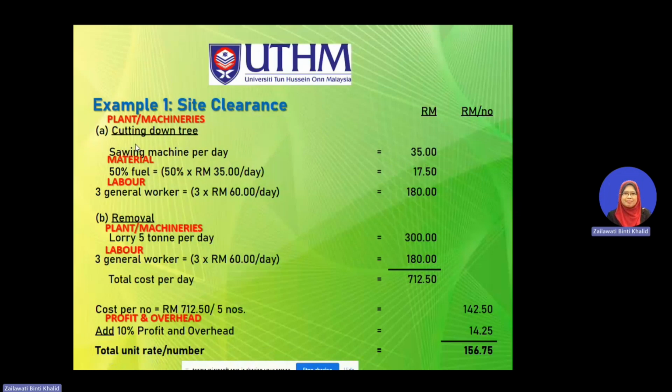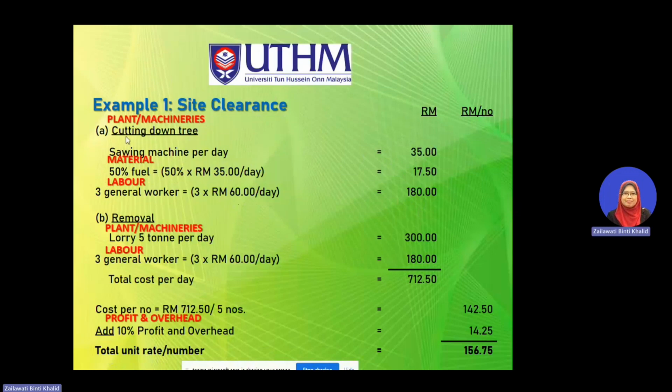To operate the sawing machine, we need fuel, which is 50% of the sawing machine cost. So 50% times 35 ringgit per day is 17 ringgit 50 cent. Then we need 3 general workers to cut down the tree, so 3 workers times 60 ringgit per day is 180.